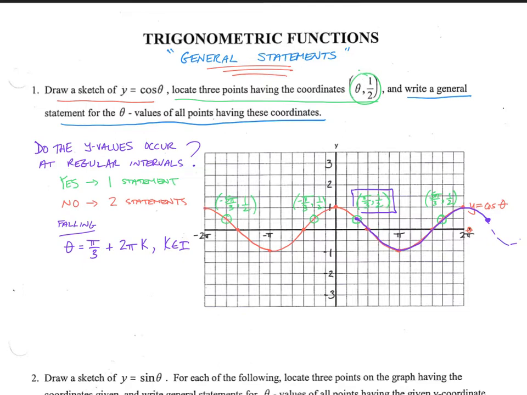Now, the other part, and maybe where we jump in on k must be an integer, is that you'll notice if I went backwards a full rotation, then I'm getting to another point where I am falling to a half. So that's why it's an integer, because we could deal with positive or negative, in either direction, I would be falling to a value of a half.